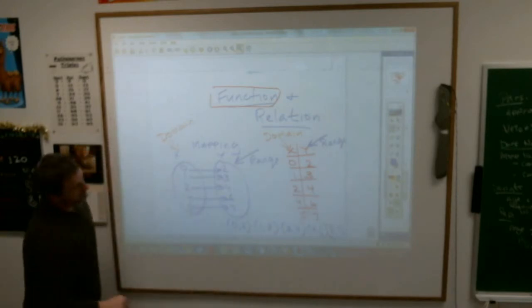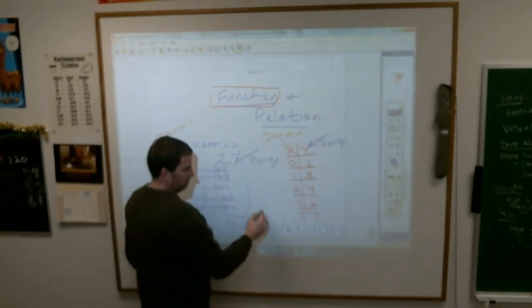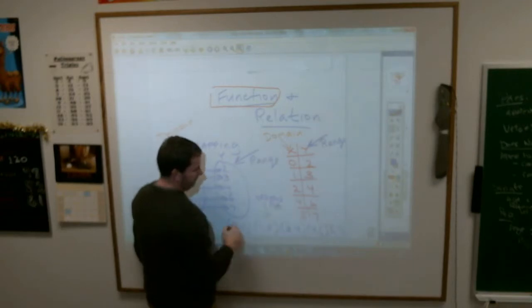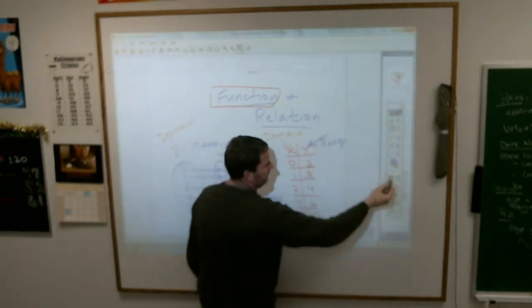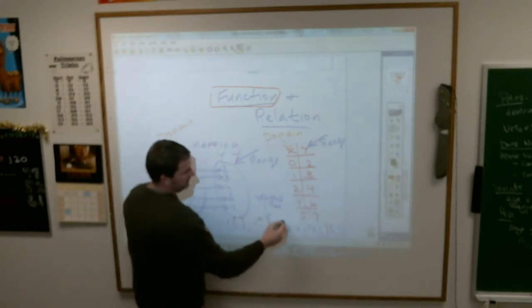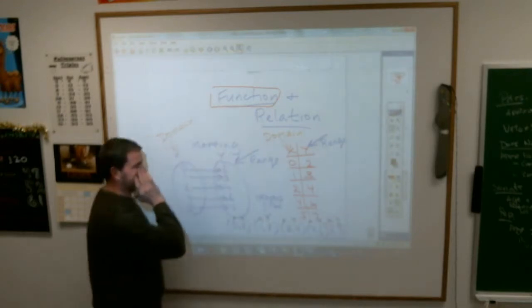All the same thing, just different ways to show it. These are called ordered pairs, because remember, in ordered pairs, the first number is always the x number. This is xy, this is xy, this is xy.